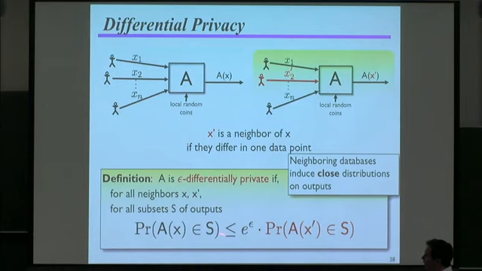So, for example, if S is a subset of outcomes that is bad for me, for example, the subset of outcomes that lead to me being denied health insurance, then what it says is whether or not my data are included, whether or not I'm in the data set, the probability that this bad thing will happen is essentially the same.